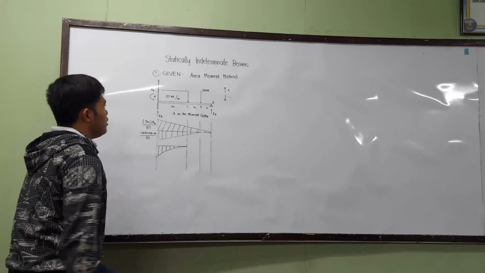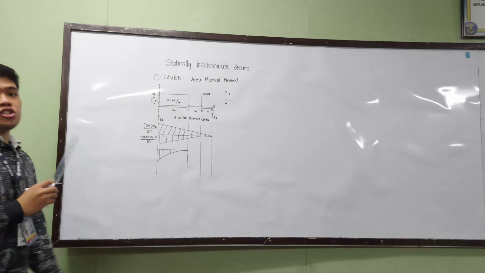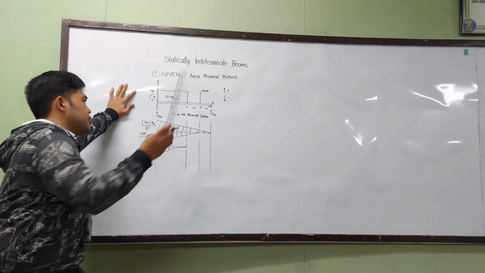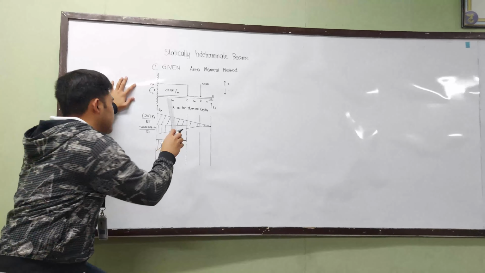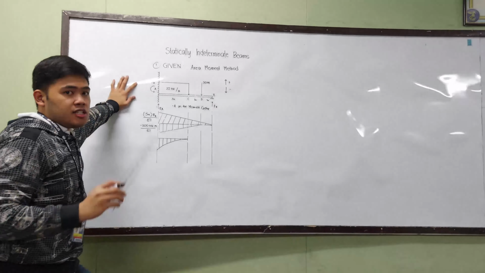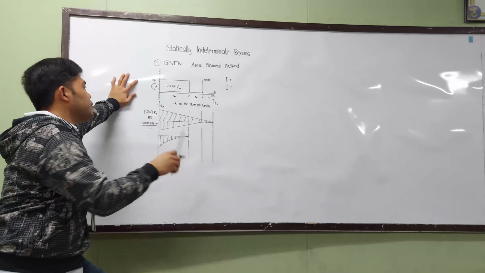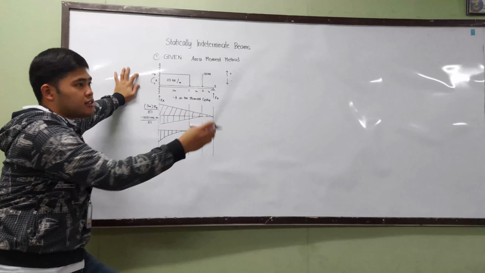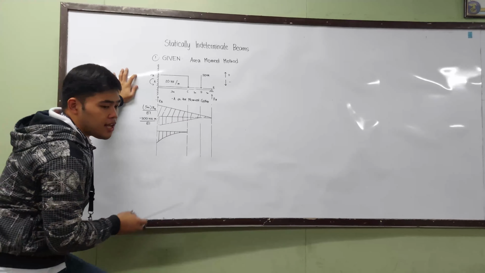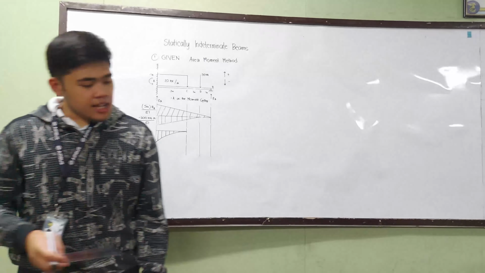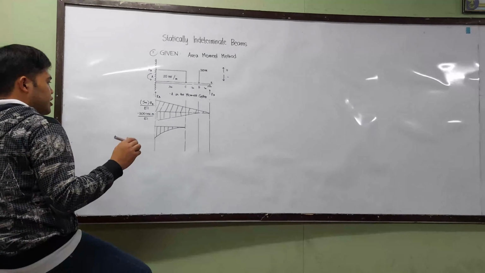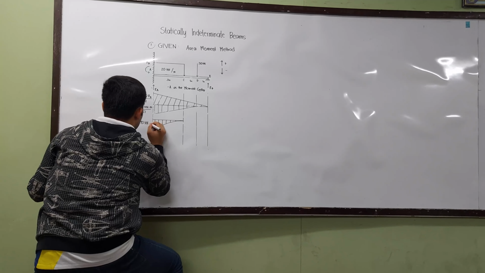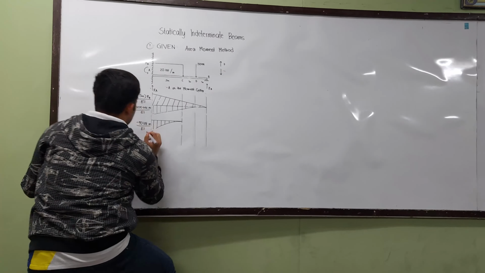So again, since this is a uniformly distributed load, it's 20 kilonewtons over meters times the distance, 3 meters, times the half of it, since it's a uniformly distributed load. So the half of 3 is 1.5, so it's 20 kilonewtons over meters times 3 meters times 1.5 meters, and the answer will be negative 90 kilonewtons times meters over the constant of EI.